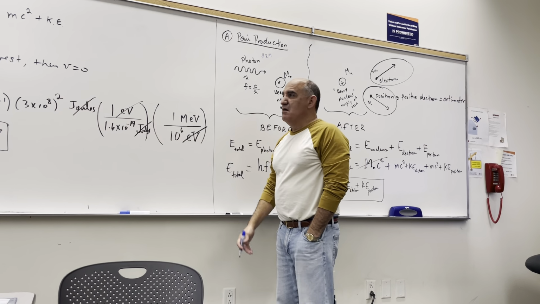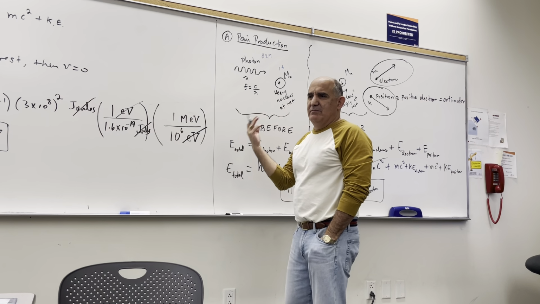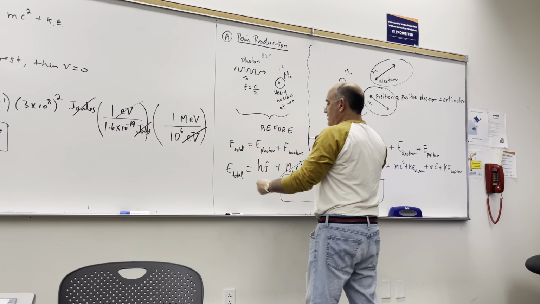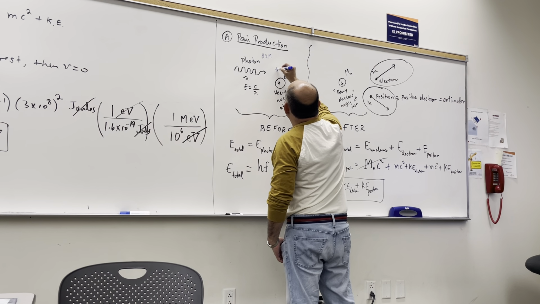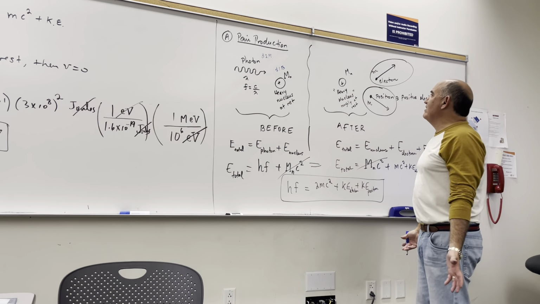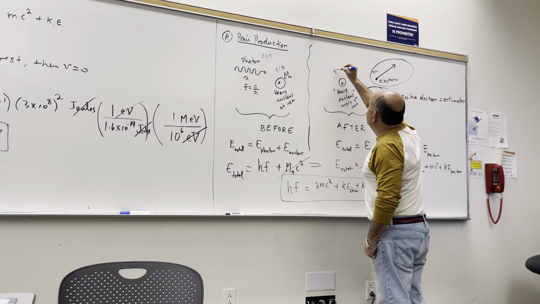The nucleus has some money, I don't know, whatever. I mean, it's more than that. Let's say $1 billion. All right? And then, what do we have at the end? Well, you still have the nucleus, so that's $1 billion, right?